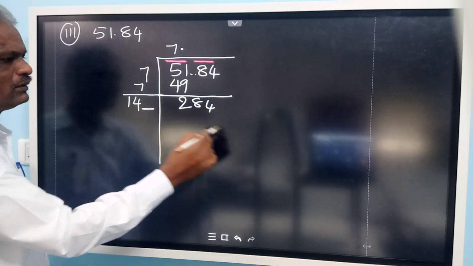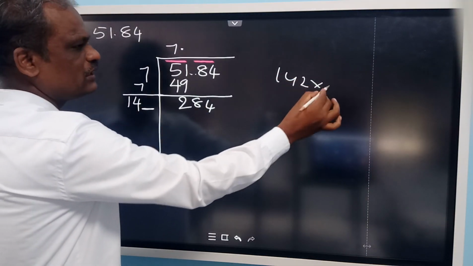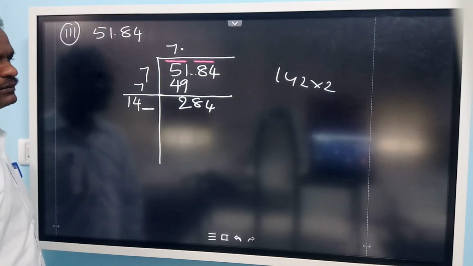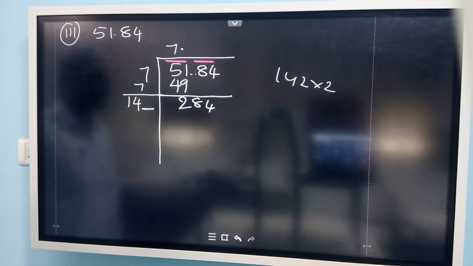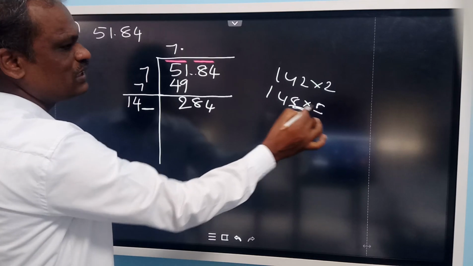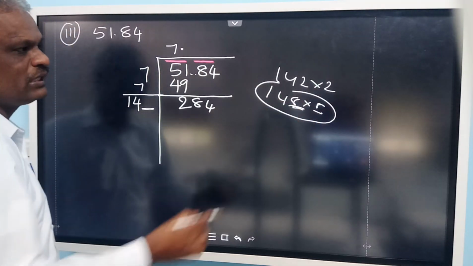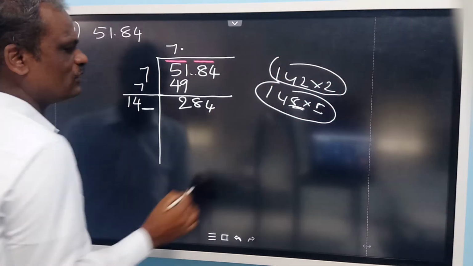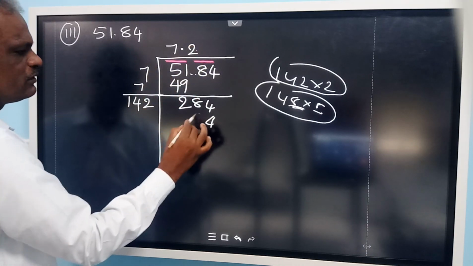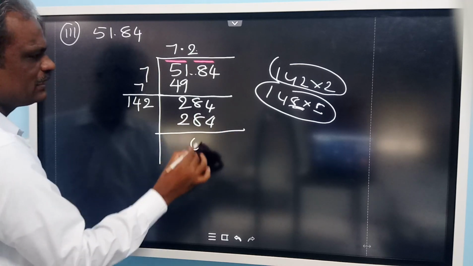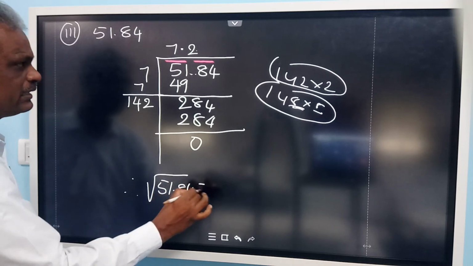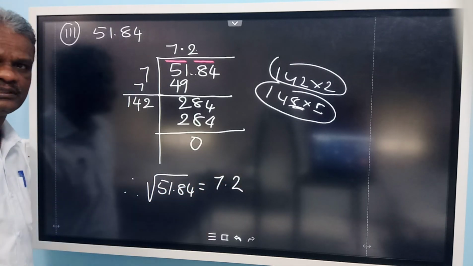With 14 here, 4 will come at the end, either multiplying 142 by 2 or 144 by 4. 148 into 8 also gives 8, but this one will become a very large number. You can take 142 into 2 only. 2 2s are 4, 2 4s are 8, 2 1s are 2. So the remainder is 0. Therefore the square root of 51.84 is 7.2. Is it clear?